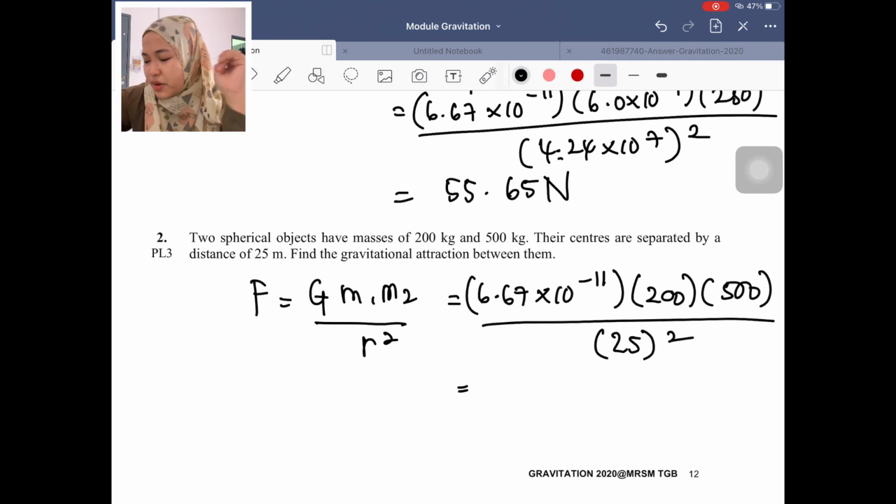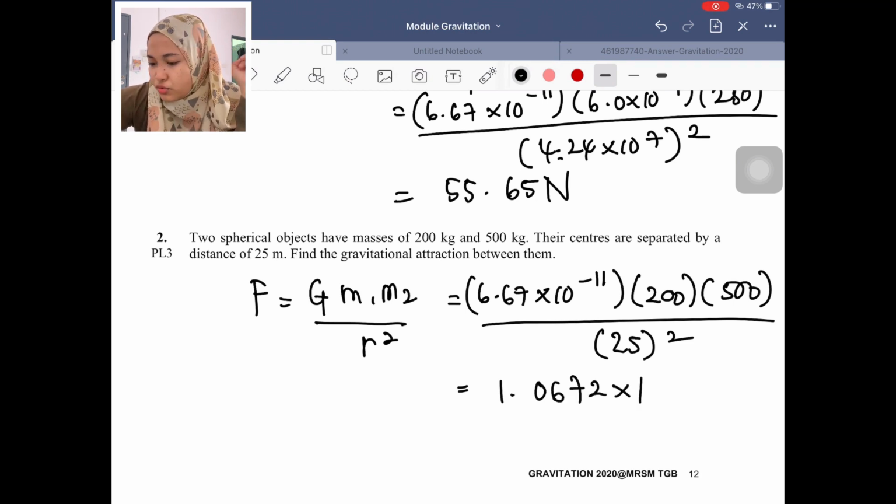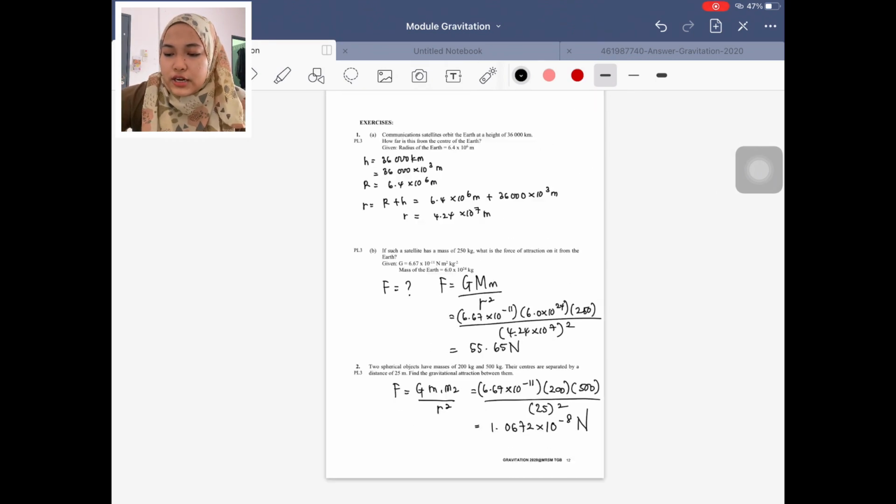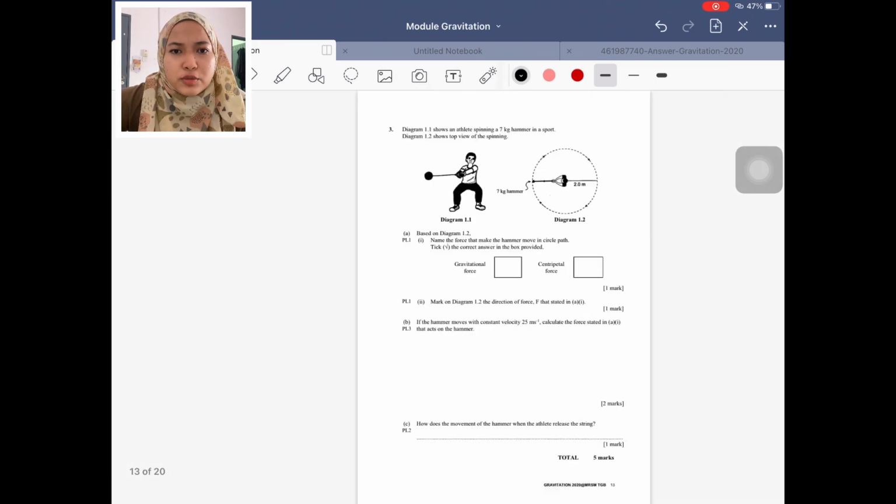Okay, remember, I always try to improvise you so that you don't forget to put square there. Sorry. Okay, so you will get the answer 1.0672 times 10 to the power of negative 8. So first unit Newton. Alright, so question number 1, question number 2 is done.